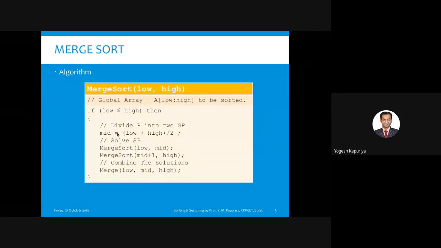So either you have to use the ceiling function, which means 1.5 will be converted to 2, or you have to use the floor function, which means 1.5 will be converted to 1. And in every step, whenever you have a fractional number, either you have to go for the ceiling or you have to go for the floor. It cannot be that in an array at one place you use the ceiling function and at another place you use the floor function. That should not be the case.